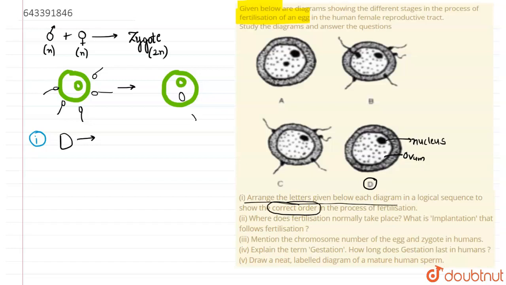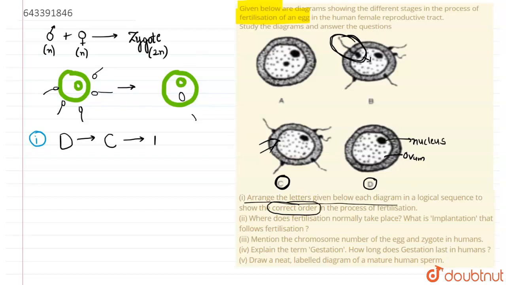What would happen after that? Multiple sperms try to enter into this ovum. So this would be our second structure. After this, any one male gamete gets inside the ovum.